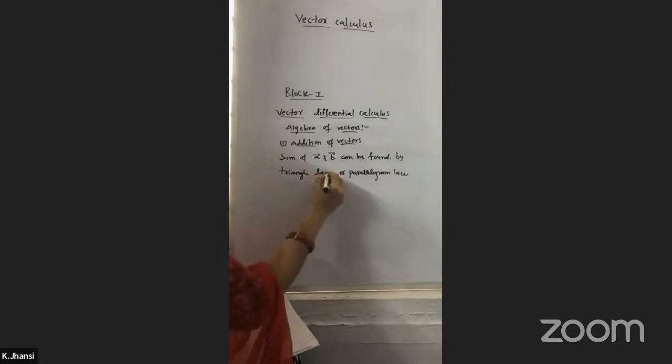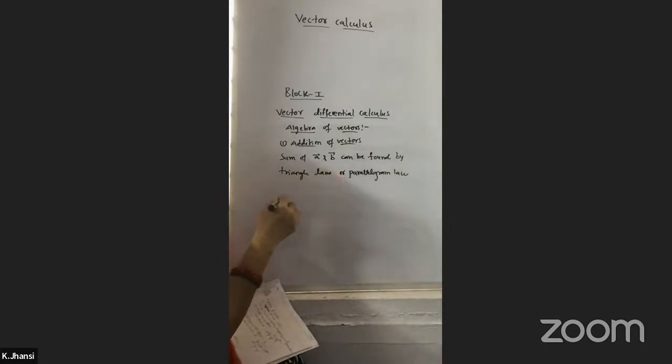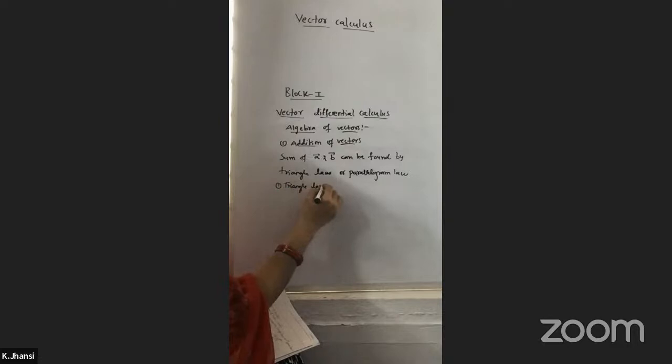With the help of these two laws, we'll find the addition of vectors. If we take the first one, that is the triangle law of addition.